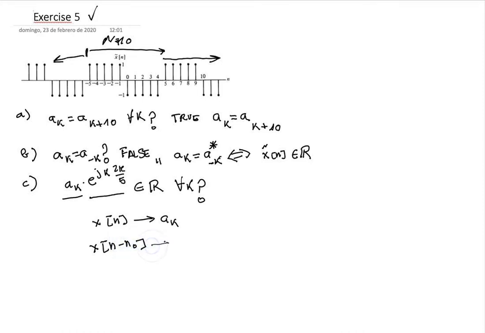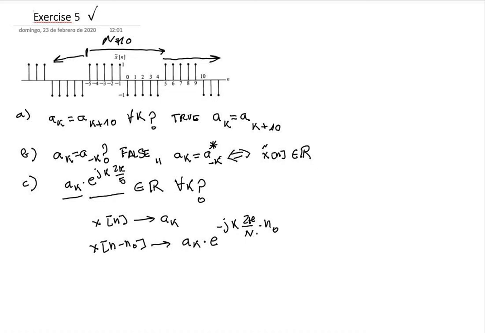The answer was, you can take the same coefficients a sub k, but each one will be multiplied by an exponential, e to the minus j k 2 pi divided by N, where N obviously is the period of x[n], times n0.